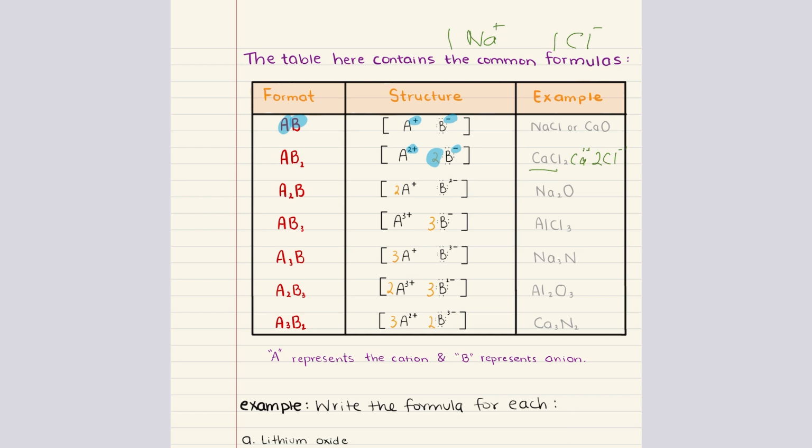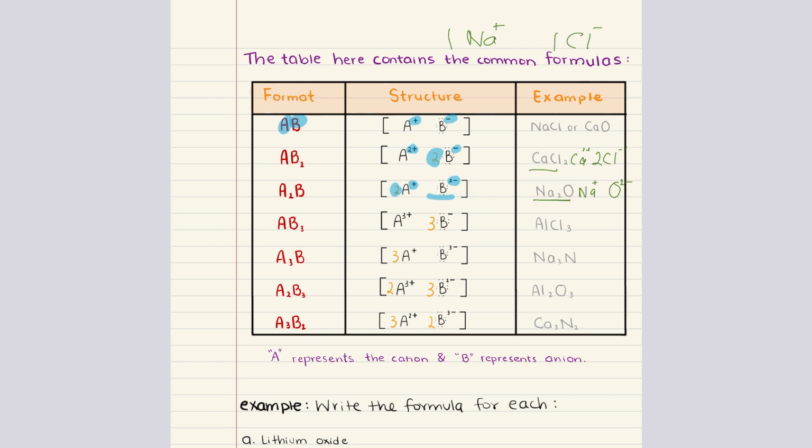What if we have a +1 cation and a 2- anion? In this case, you're going to need 2 cations per 1 anion. An example of this is sodium oxide. Sodium forms a +1 cation. Oxygen forms a 2- anion. For this to form a neutral ionic compound, we're going to need 2 sodium cations for every oxide anion.